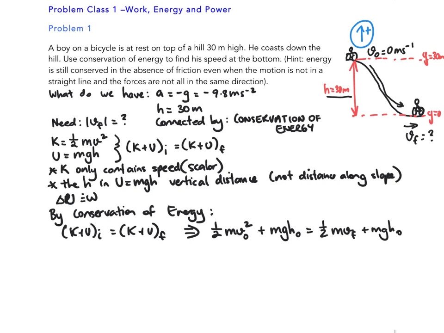This works out pretty nicely because our initial velocity equals 0, so that disappears. And we can arbitrarily set the final height h equals 0, so that disappears as well. What we end up with is that the initial potential energy, mgh naught, equals the final kinetic energy, half m v final squared.